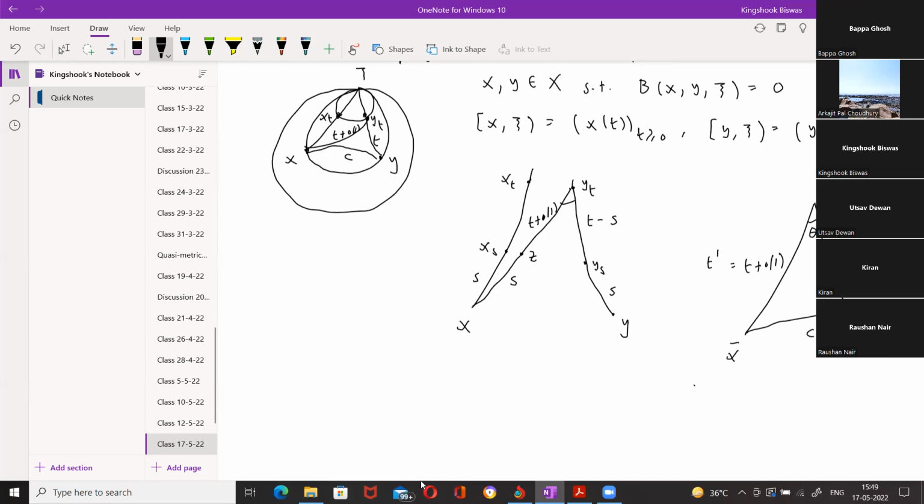So what do I have? cosh c is equal to cosh(t minus t prime) plus 2 sinh t sinh t prime sin theta.